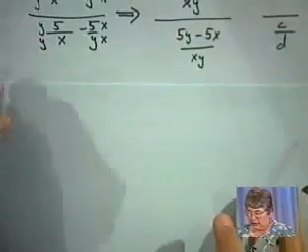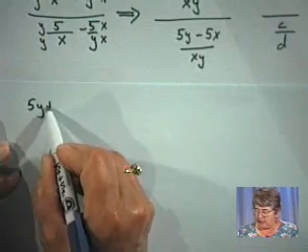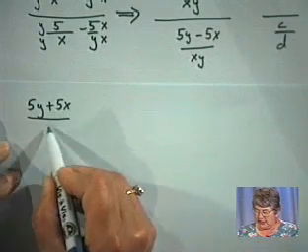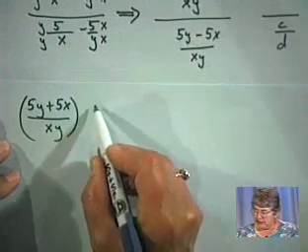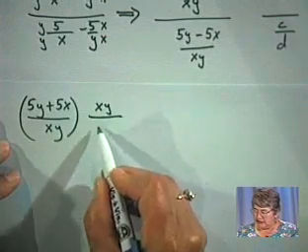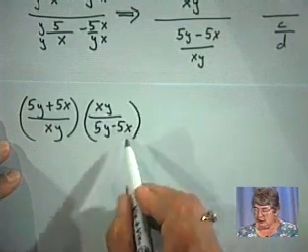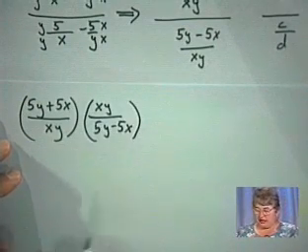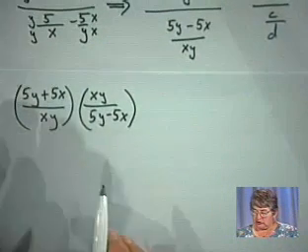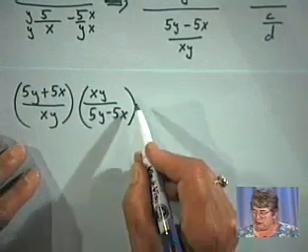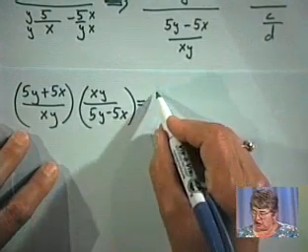So we'll have the rational expression in the numerator, which is 5y plus 5x divided by xy, times the inverted denominator, which is xy divided by 5y minus 5x. And now it's a matter of multiplying fractions, and we've done that before. We will try to factor numerators, factor denominators, and cancel common factors.